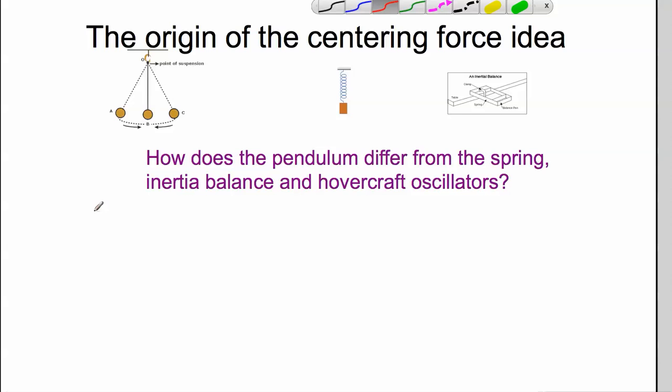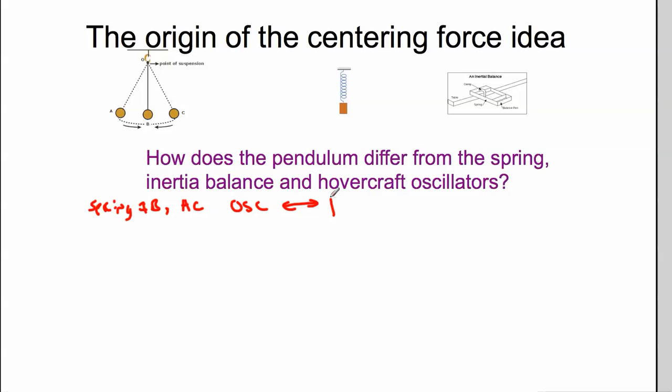For example, some people noticed that the spring, the inertia balance, and the hovercraft all oscillated either side to side or up and down, whereas the pendulum sort of had a diagonal path, or some of you said maybe it had a curved path. So that was one difference.